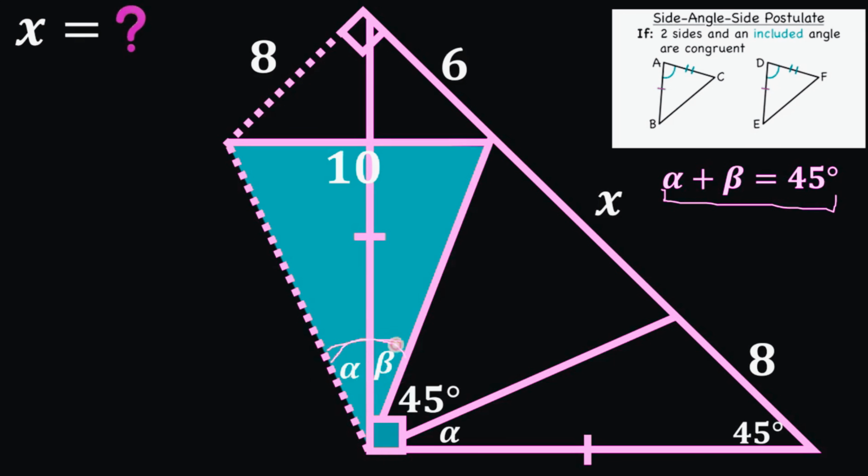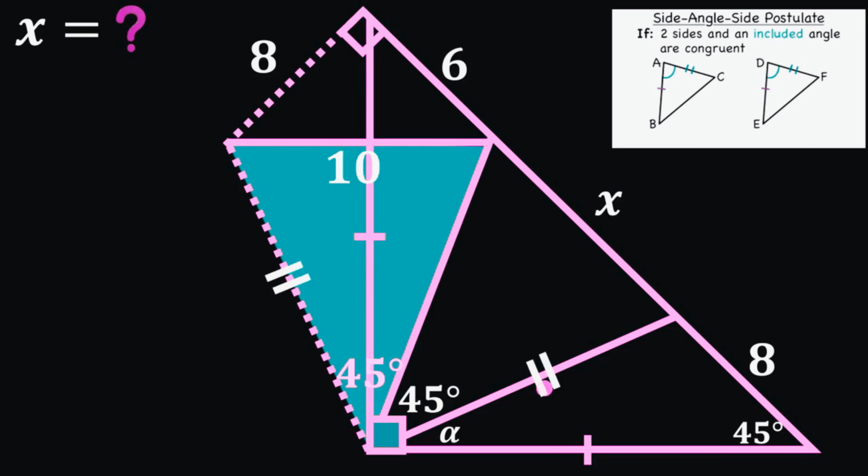So we can replace this alpha plus beta with 45 degrees. Also take note that these two segments are congruent. Now, we have these two triangles and we have the same side like over here.